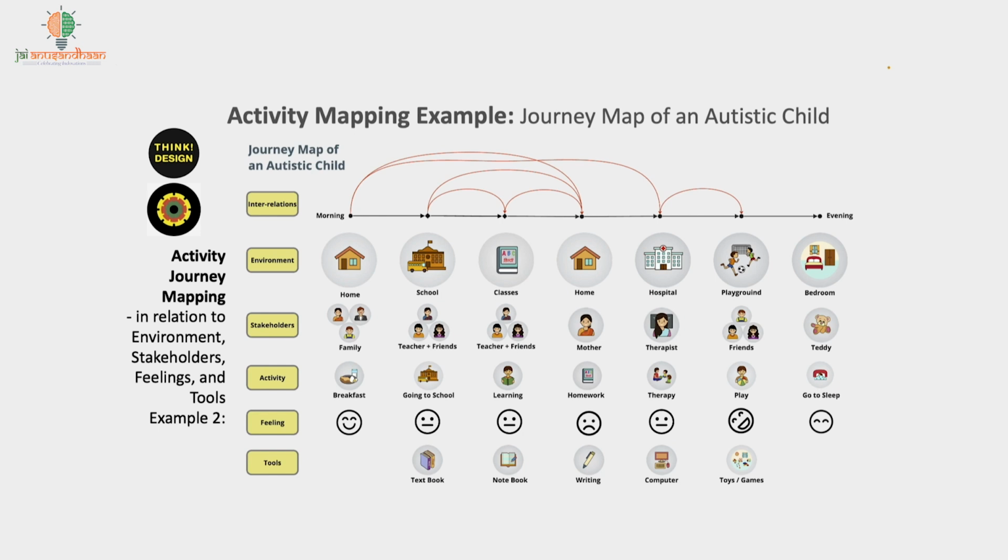You have the textbook in school, a notebook to take notes, writing, that is the homework. Then he uses the computers, and toys and games become the other objects or tools that he uses. So, this gives you an overview of the child with respect to many other factors.